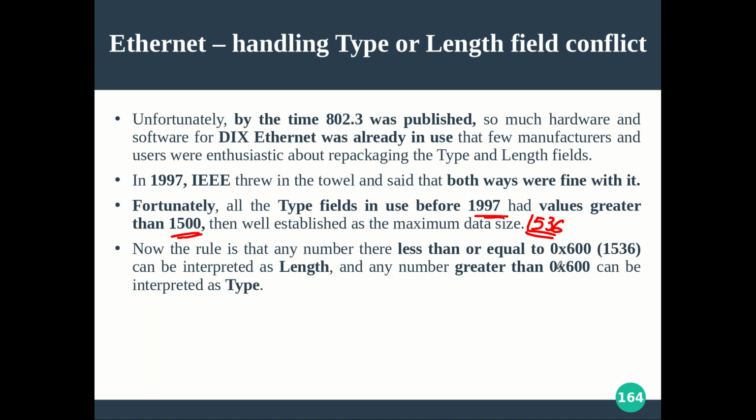If it is a value less than hexadecimal 600, which converted into decimal corresponds to 1536, the typical length of an Ethernet frame plus header and trailer together, it can be interpreted as length. Now if it is a value greater than 1536 or hexadecimal 600, it can be interpreted as the type field. So both are fine now.